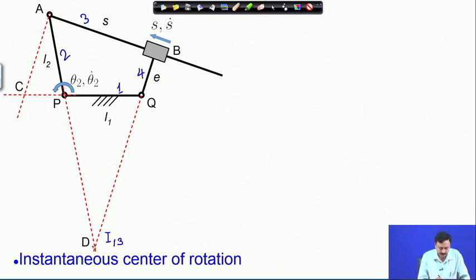So, this is I 1 3, which is indicated by D, and there is another instantaneous center of rotation, which is I 2 4, denoted by C. We are going to use these two instantaneous centers of rotation in this analysis.